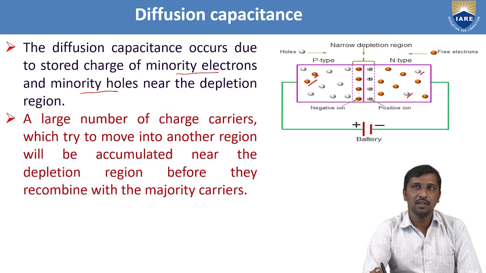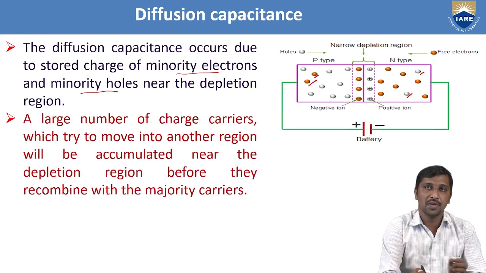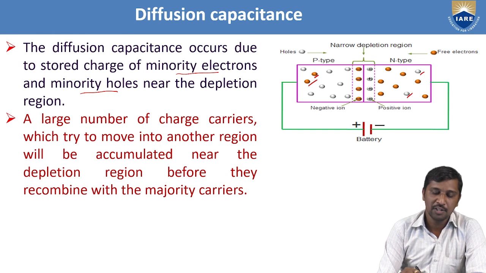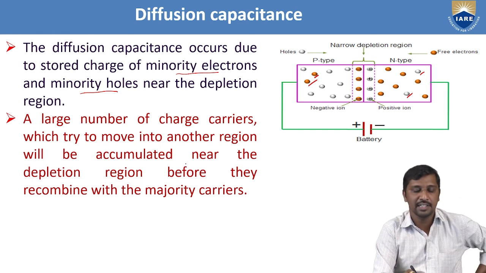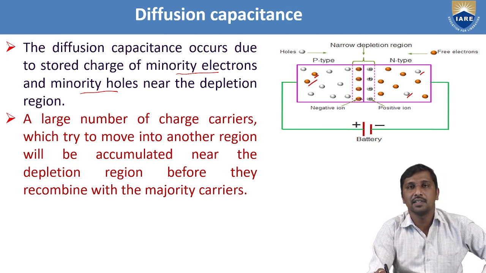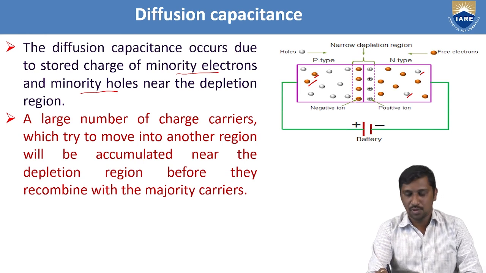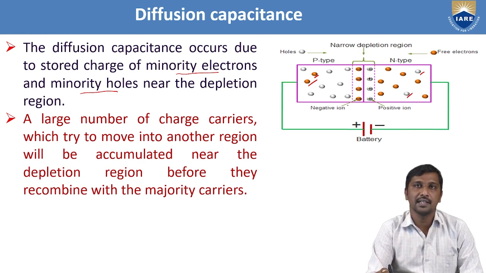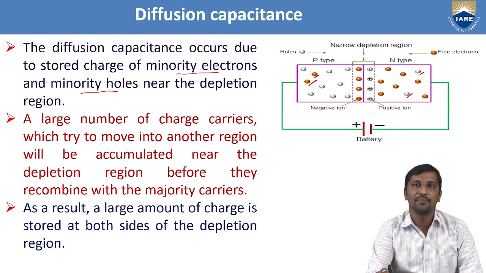That is the reason a large number of charge carriers trying to move from one region to another region will be accumulated nearby this region before they recombine with the majority charge carriers. So before they recombine, they establish a charge nearby the junction, and that voltage we are going to measure as a diffusion capacitance.